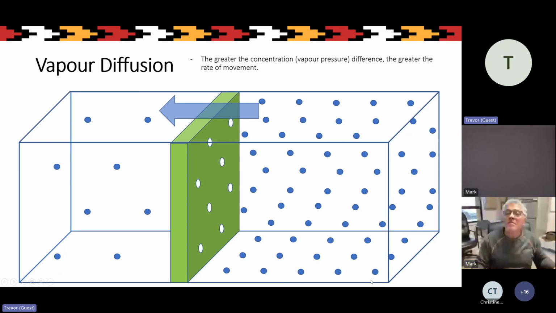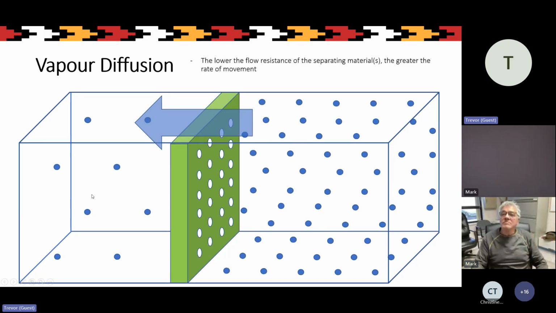The greater the vapor pressure difference, so the concentration difference from one side to the other, the greater the flow of moisture through a material, and also the lower the flow resistance of the material itself, the greater the rate of movement from one side to the other. So those are the two major elements that we'll work with and deal with when we're talking about vapor flow across a material.